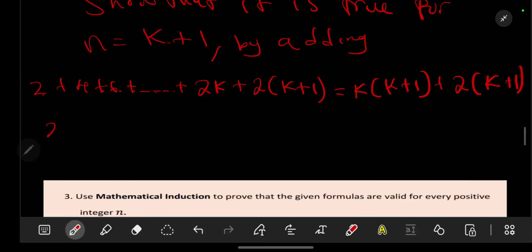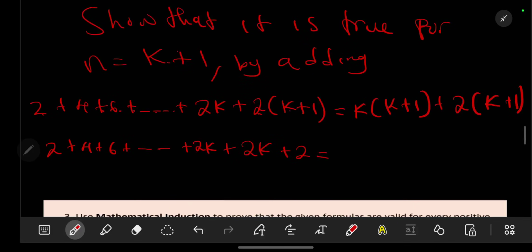So this is going to give us 2 plus 4 plus 6 plus dots plus 2k plus 2 by k, it will be 2k plus our 2, which should be equal to, we have k by k, it will be k squared plus k by 1, it will be k, 2 by k, it will be 2k plus 2 by 1, it will be 2 like that.